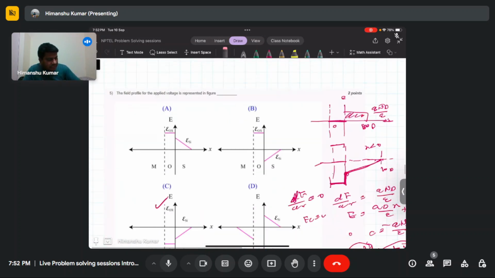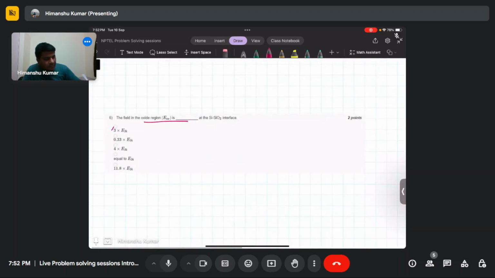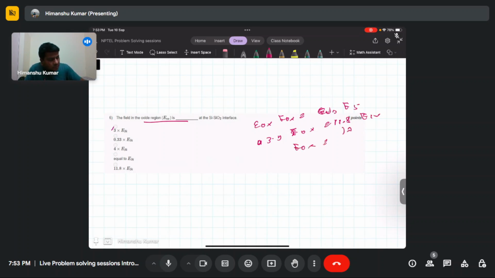You need to apply this boundary condition: the permittivity of the oxide region is given as 3.9 and silicon 11.8. So epsilon_ox E_ox equals epsilon_Si E_Si, which gives 3.9 E_ox equals 11.8 E_Si, so E_ox is 11.8 by 3.9 times E_Si.